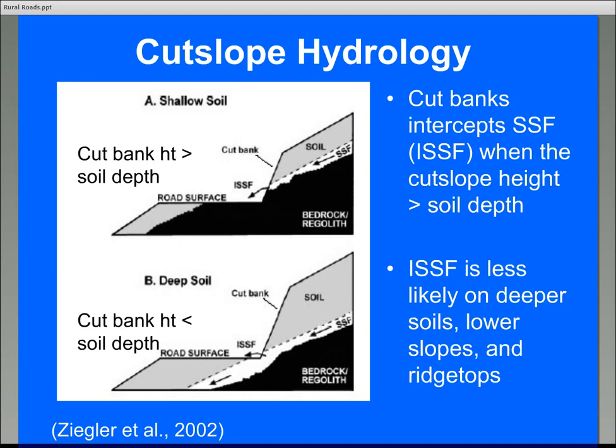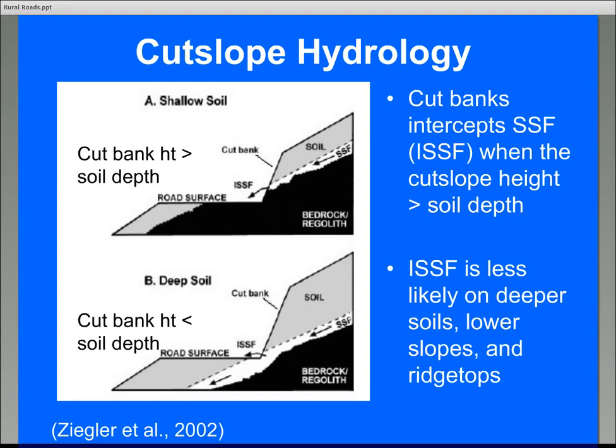So where is the interception of subsurface storm flow common? It's common when your cut bank intercepts, or when the depth of your cut bank exceeds the depth of your soil. And so anytime you're exposing that soil interface, you're likely going to be intercepting subsurface storm flow.